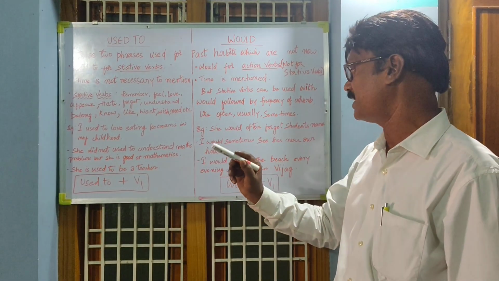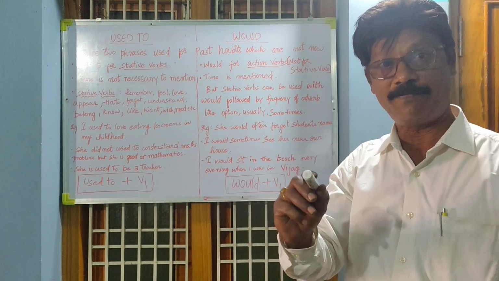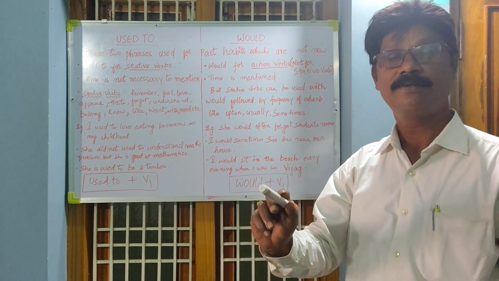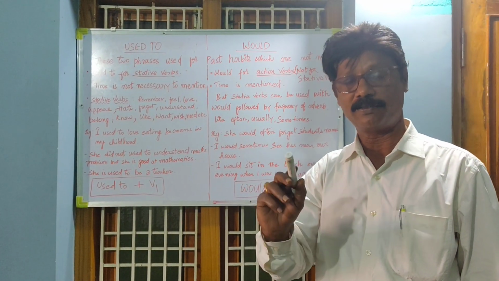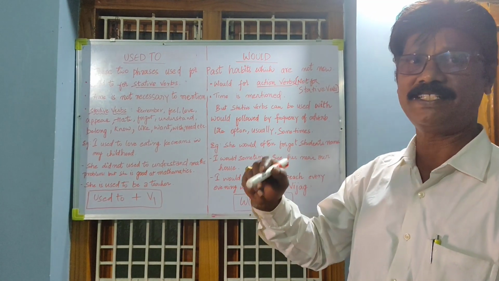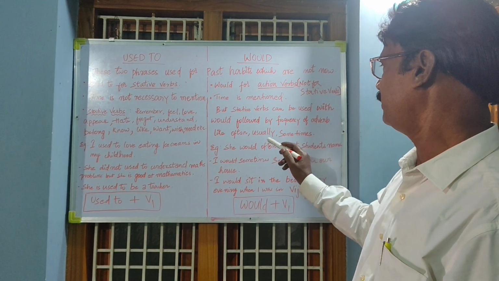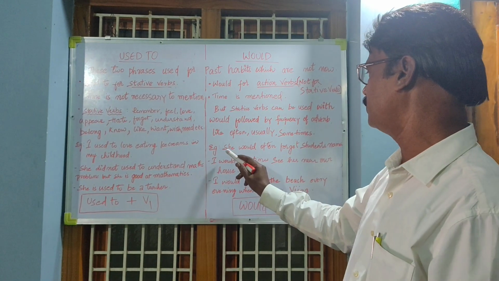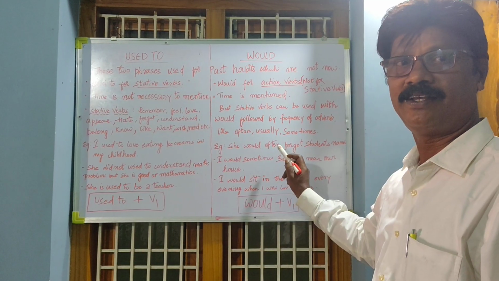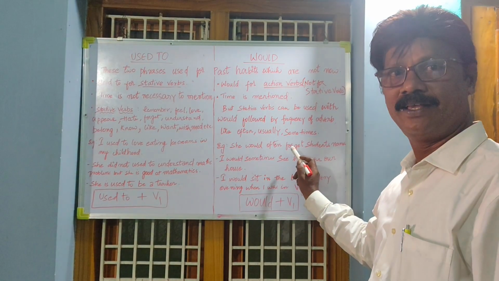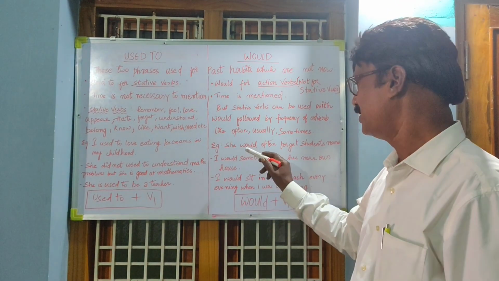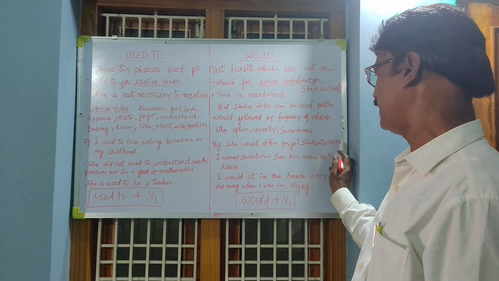But when we use frequency adverbs like often, sometimes, usually, etc., then we can use it. So often is a frequency adverb and forget is a stative verb, and in this case we can use would. So she would often forget students' names.